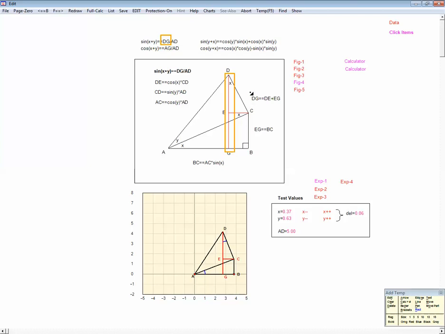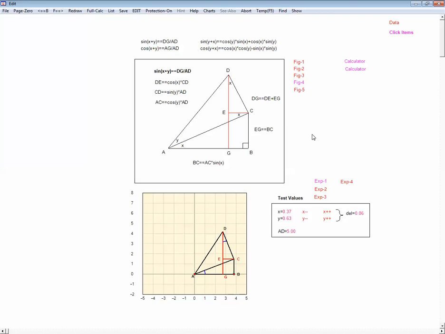And DG can be broken up into two pieces, DE and EG. And we'll see that this plus here in this formula eventually becomes this plus up here in this formula. Okay, so that's where the plus comes from, and we'll see the details of that in a second.